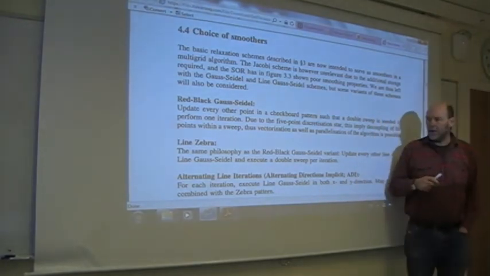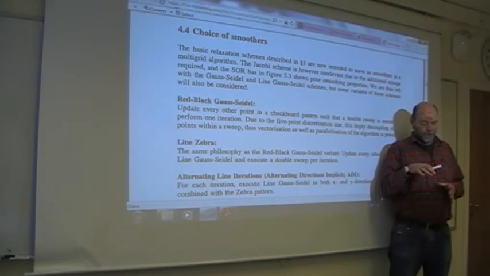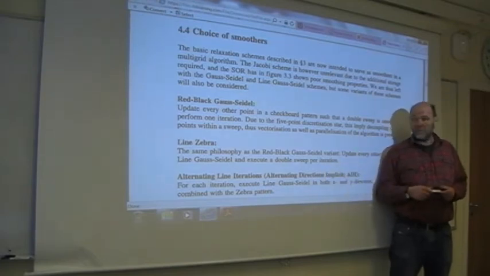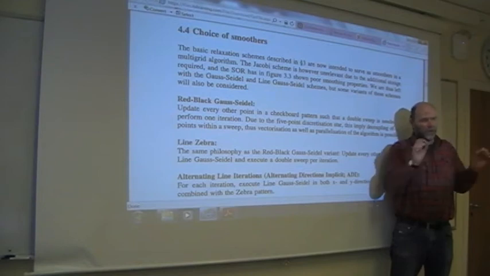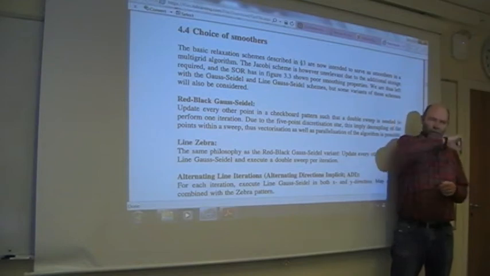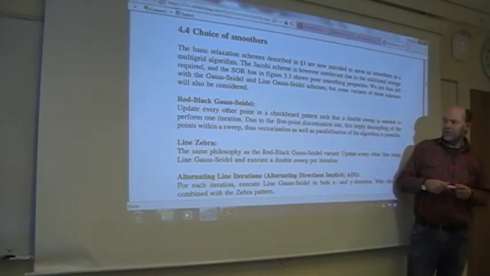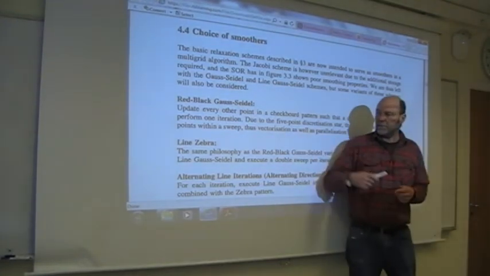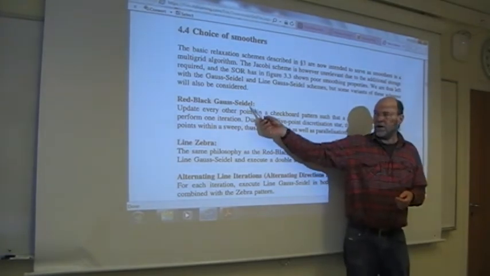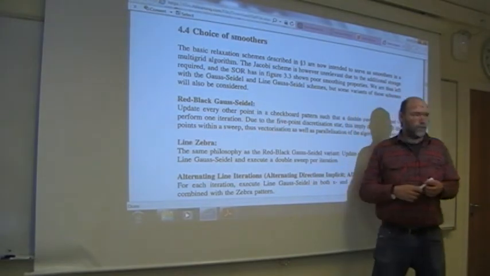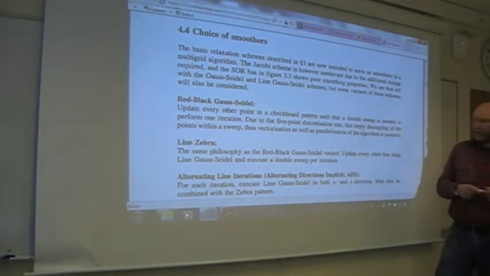That means the updating is based on purely old values, or values from the previous iteration. Then you do it once more for the black ones. Then you will have four neighbors which were just updated in the first stage. That will just be updated values. So it's still Gauss-Seidel, but it's a mix. The first half is Jacobi, and the second half is pure Gauss-Seidel, based everything on the updated values.